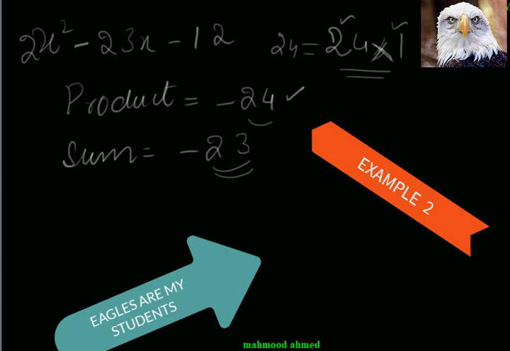So if I need to adjust the sign, if I write minus 24 and plus 1, and if you multiply these two numbers you will get minus 24, and if you add, actually in mathematics addition and subtraction are the same thing, it's just a matter of the symbol signs.